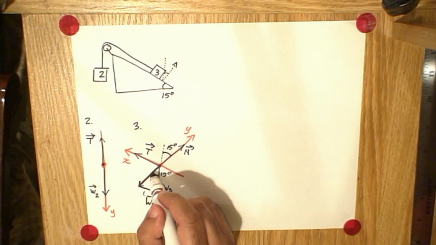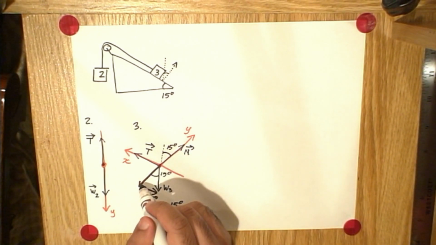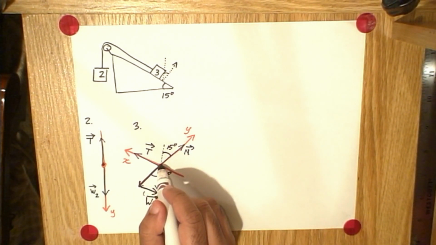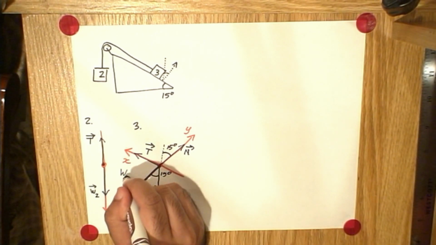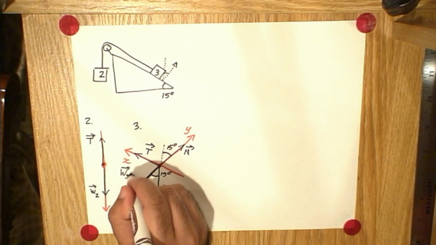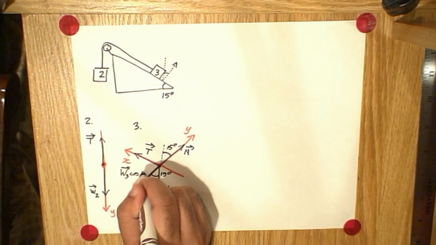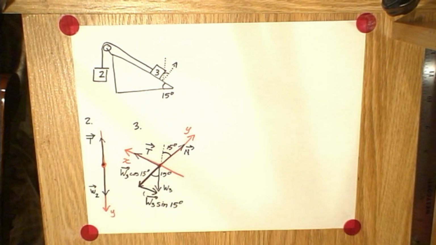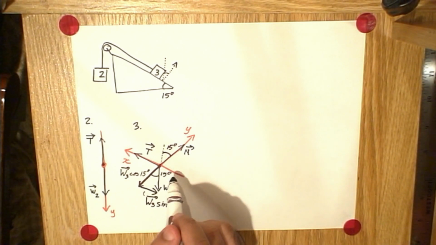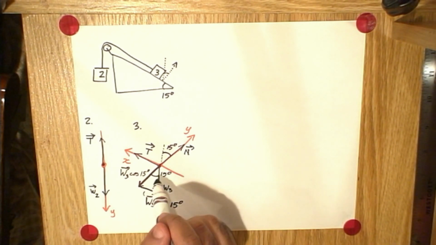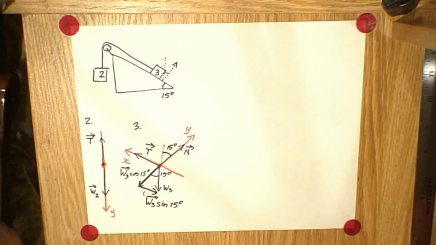The component which is in line with the y direction is going to be adjacent to this angle. That would be weight cos 15 degrees. Weight of the 3 kilogram object cos 15 degrees. So now we have broken this 3 kilogram object, its free body diagram, into its components, and we are ready to analyze the motion of these two objects.